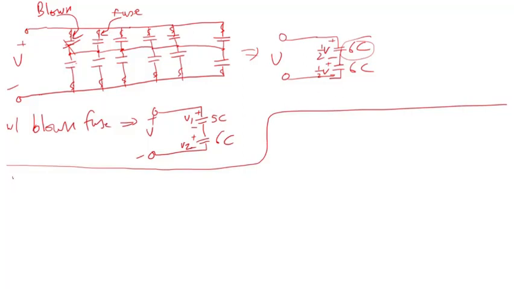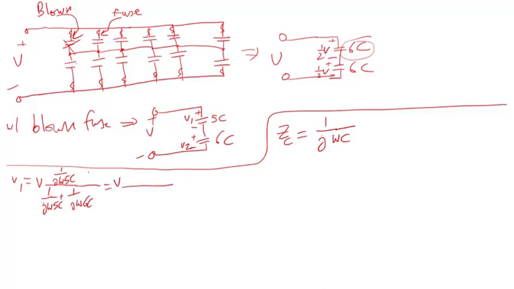So if we do a voltage divider, V1 is the total voltage V, and we know the impedance of a capacitor in general is 1/jωC. So V1 is V times 1/jω5C over 1/jω5C plus 1/jω6C. The jωC will go away.